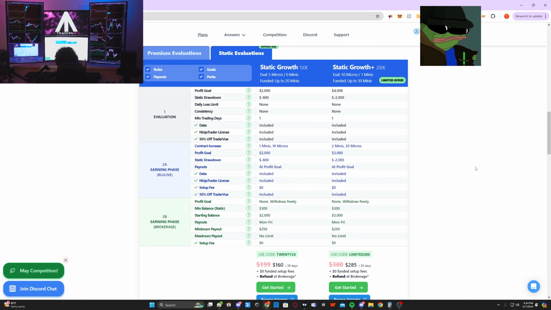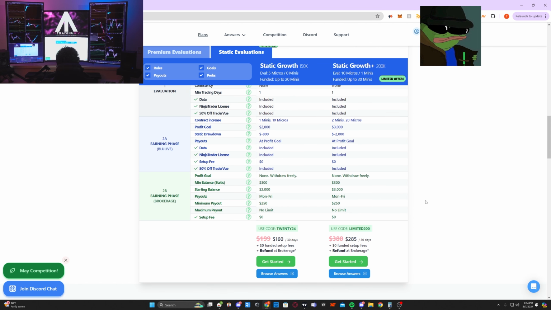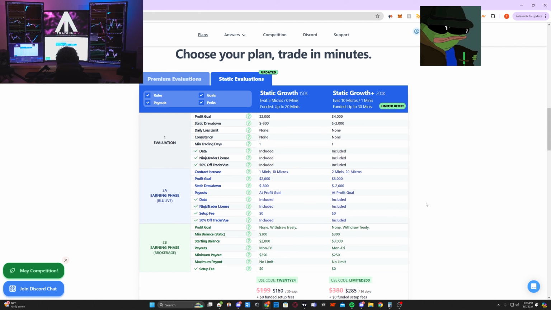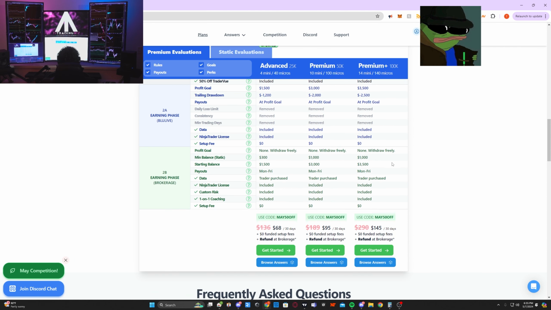I'm a good scalper manually trading, so there's no reason for me to risk doing it on a platform that doesn't allow it. I want to be very clear, that's just my own personal preference. They do allow it on BluSky though.